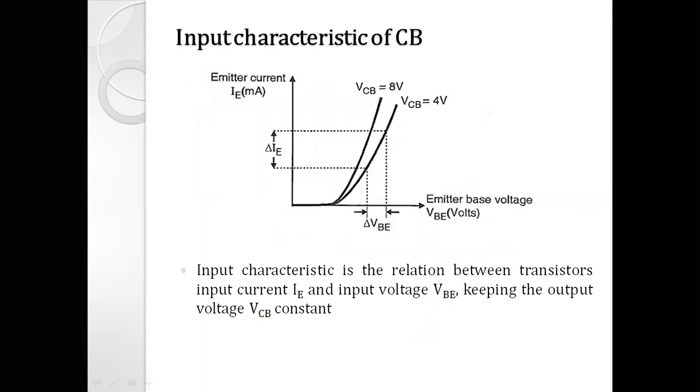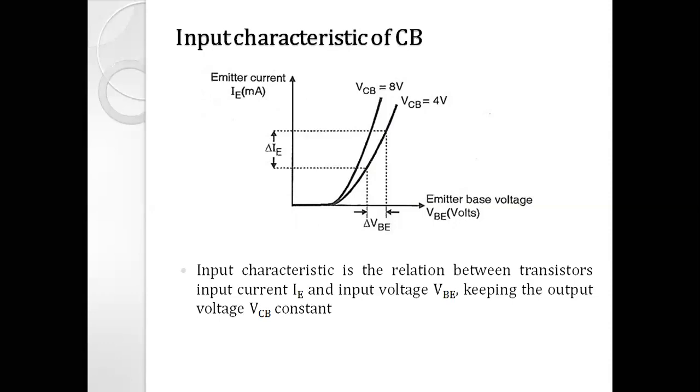Input characteristic of CB: when the transistor is connected in the circuit diagram in the common base configuration, the input parameters are emitter current and the base emitter voltage. So what is input characteristic? Input characteristic of CB is the relation between the transistor input current IE and the input voltage VBE, right?